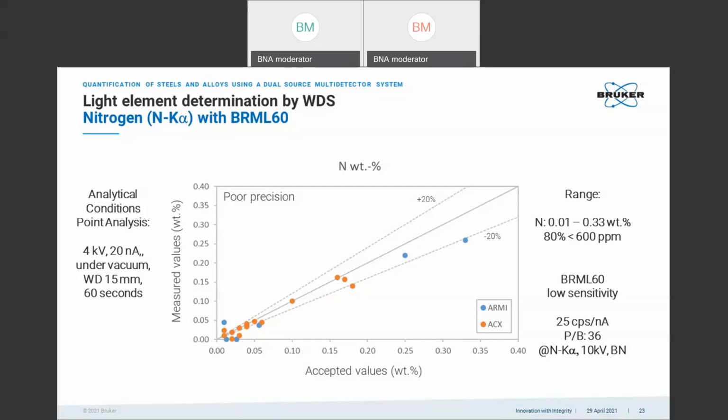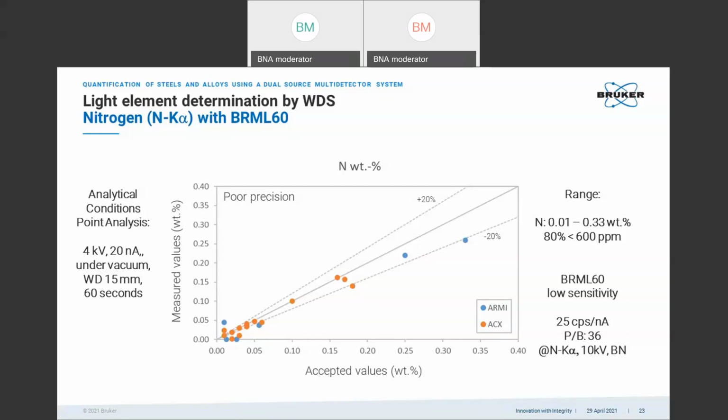It's built for higher energies, ranging from 500 to 700 electron volts. So for determination of oxygen and iron lines, it's a perfect multi-layer, but not so good for nitrogen. This is because of the low peak to background ratios. So we have some scatter, and this would require long measurement time.